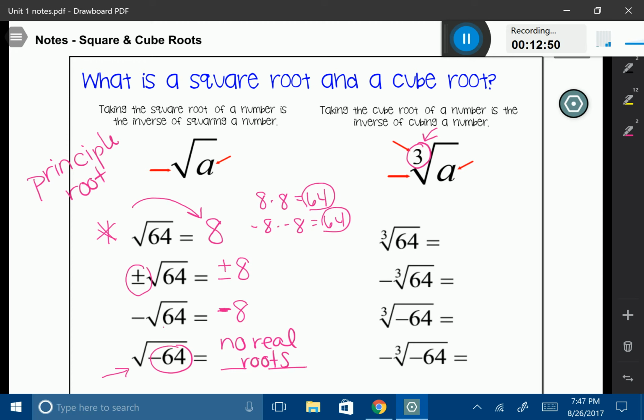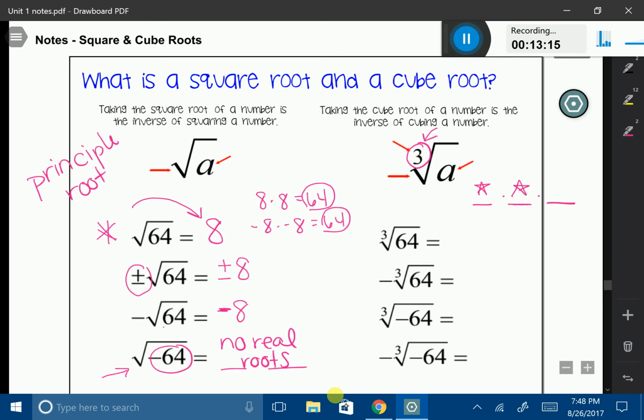Okay, let's talk about the cube root now. All right, the cube root is a little bit different. So before, when we were talking about the square root, we were looking for a number times a number that is going to give me that number underneath that radical symbol. But now I'm looking for a number times a number times a number, all being the same number.